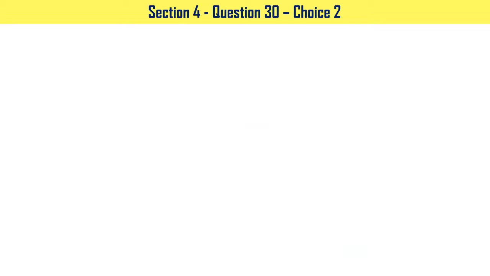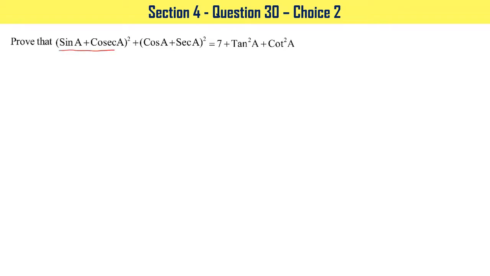That is choice 2 of question number 30. Prove that sin A plus cosec A whole square plus cos A plus sec A whole square equal to 7 plus tan square A plus cot square A. Let's consider the first term, that is sin A plus cosec A whole square.